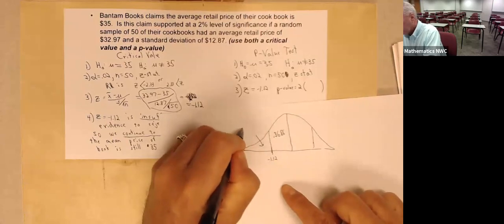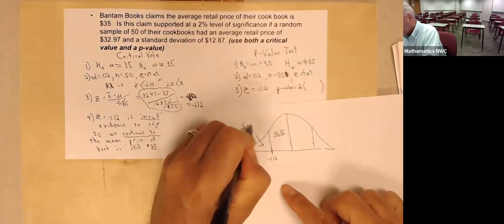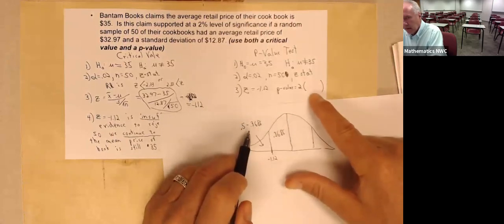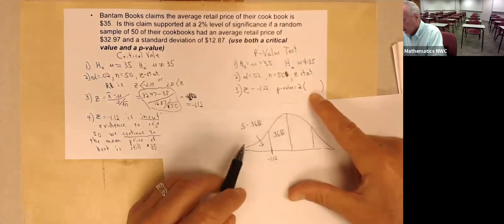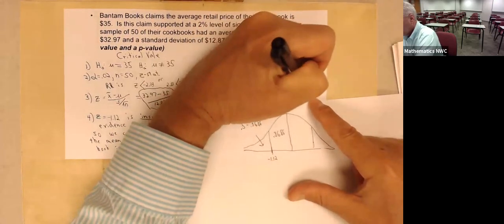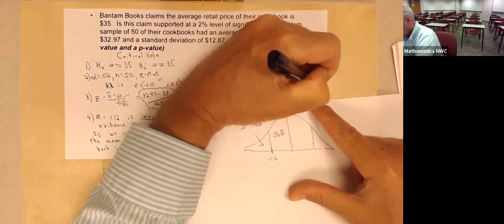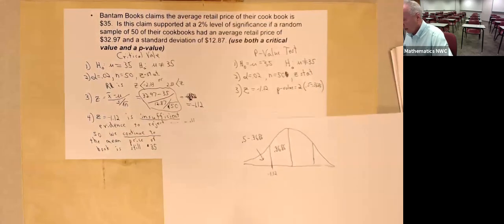This tail then is 0.5 minus 36.86, and that's what's going to go in there, and I need to double it. So 0.5 minus 0.3686 is where I'm going to get that from.